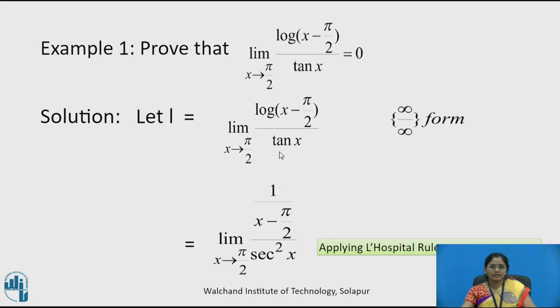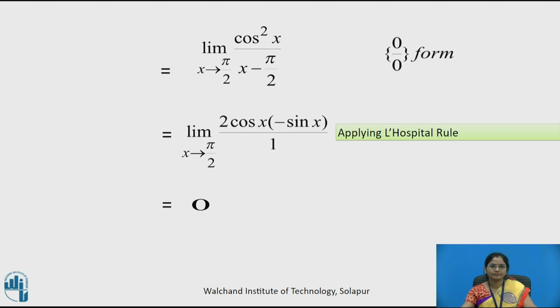And students, derivative of tan x is sec square x. Now, rearranging the terms, you are getting limit x tends to pi by 2 cos square x upon x minus pi by 2.